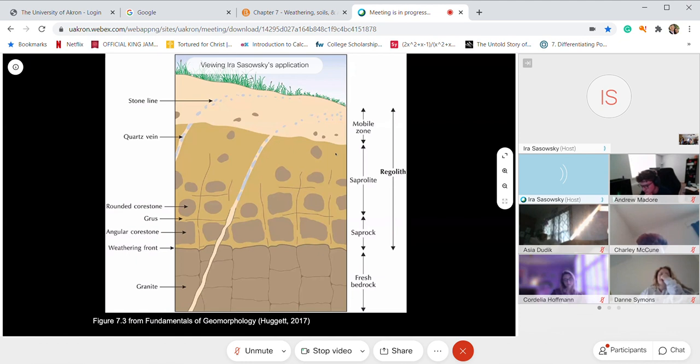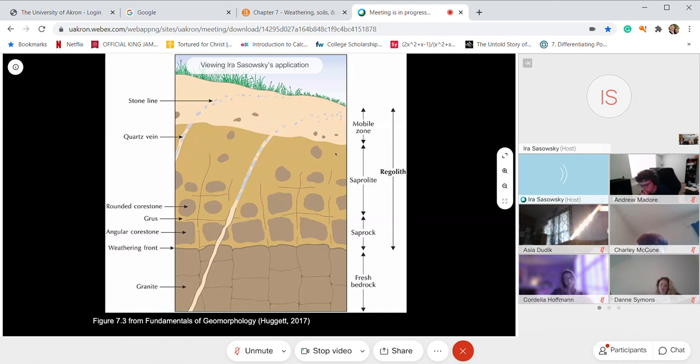And if we go upwards from there, we get into an area where some weathering has occurred, and we can still see parts of the relatively unweathered granite as what are called core stones, which at this point are angular. And then around that, we see grus, which is weathered granite.